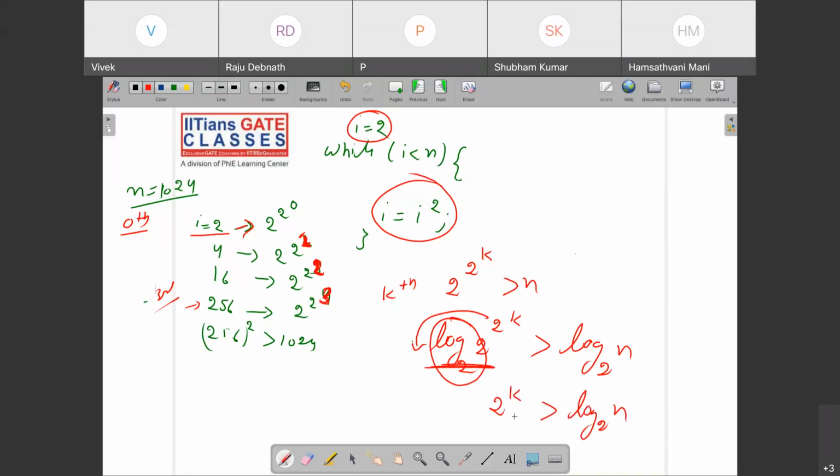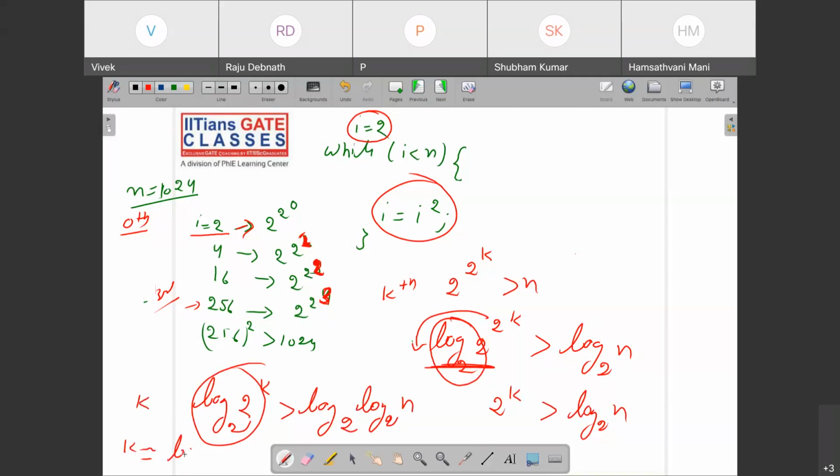Again, we have to take log base 2 on both sides. So it will become log base 2 of 2 raised to power k greater than log base 2 n, and this thing is basically k. So k is basically equal to log n, where the base is 2.